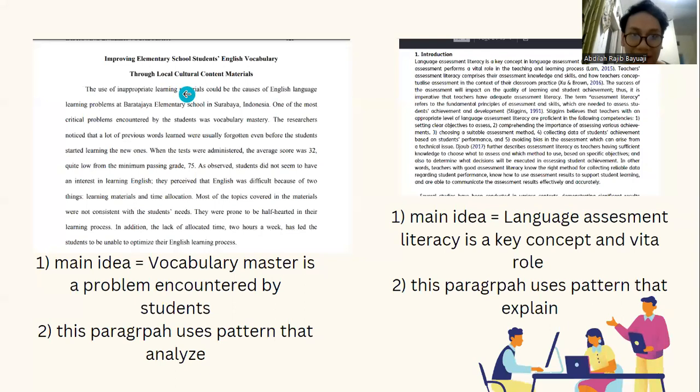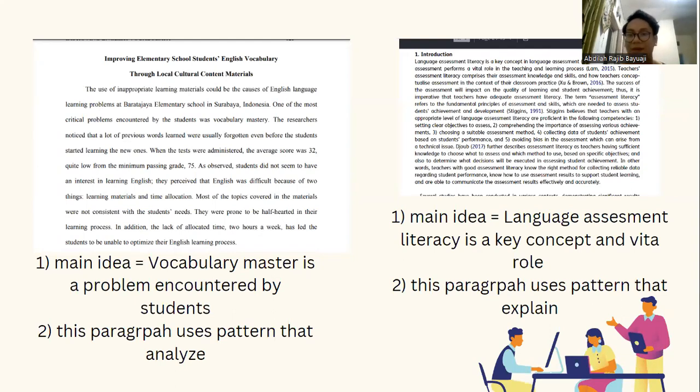The first sentence is just an introduction, and the second sentence is the main idea of the paragraph. And this paragraph uses the pattern of analyze, because it talks about the problem encountered by students.